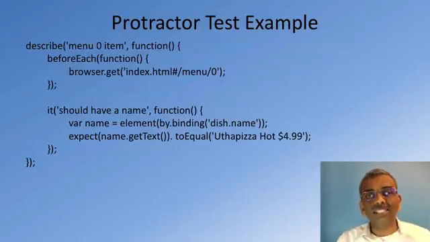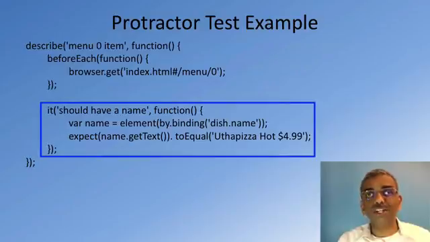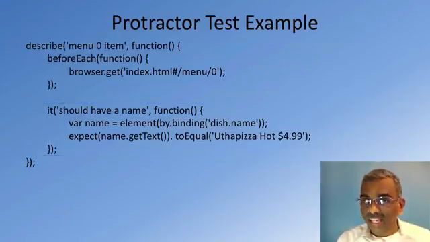The next test that I am carrying out is: it should have a name. Here I am extracting the element by looking for the element that is tied to dish.name. Remember that we have marked up the template with dish.name as the expression that we use to specify the h3 in the template for the dish details there.